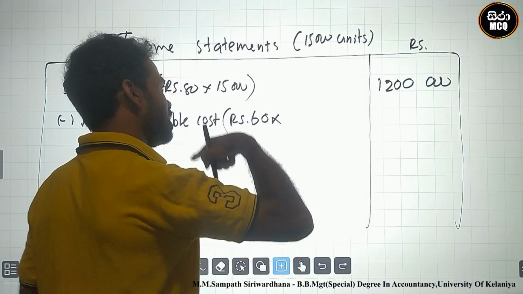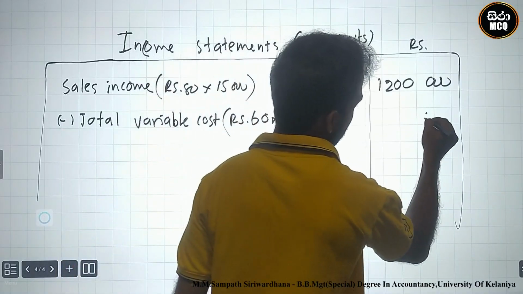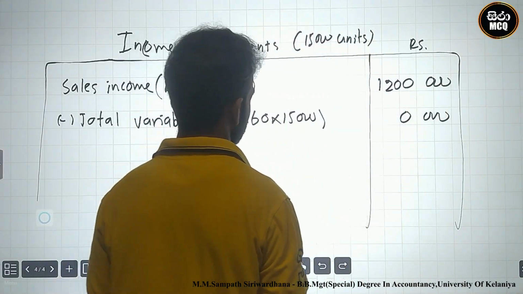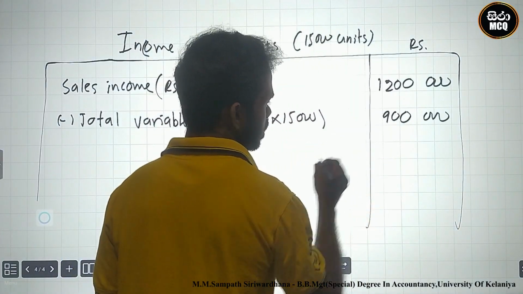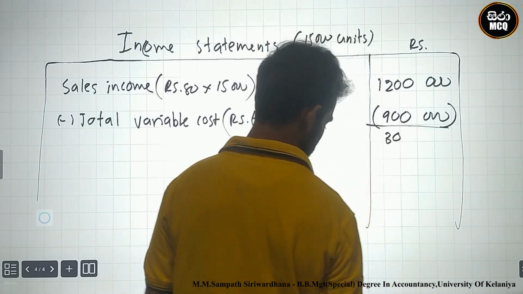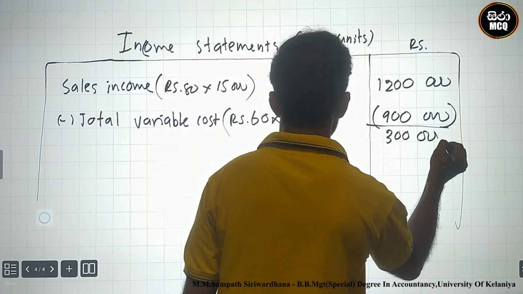Therefore we multiply by 15,000 units. The answer is 900,000. We must deduct it, leaving 300,000.